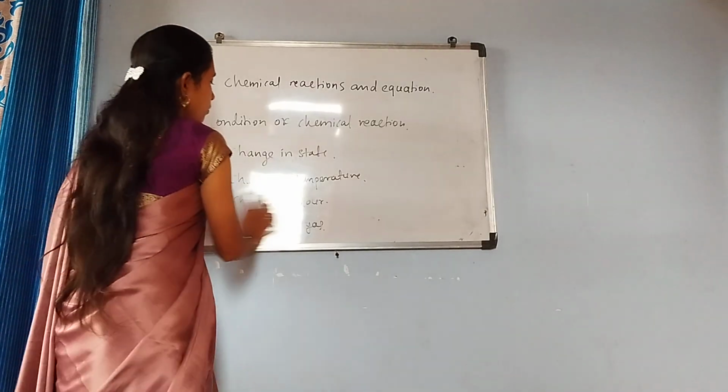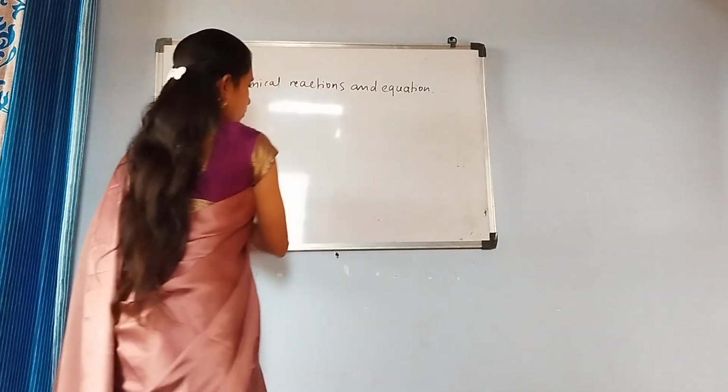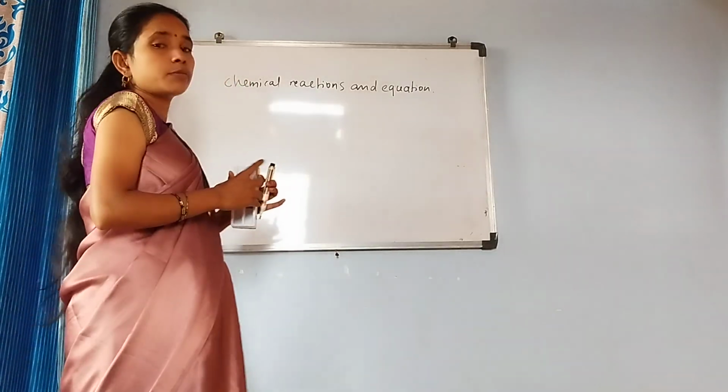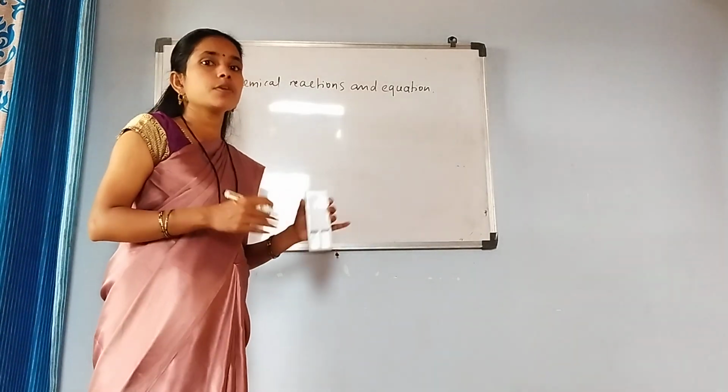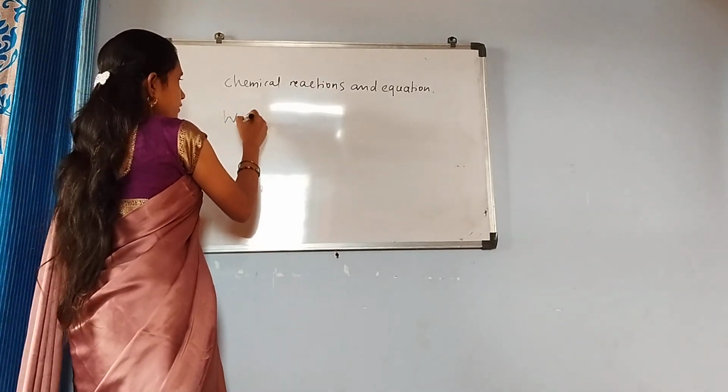Now I will discuss the equations. Why are we using chemical equations rather than word equations? Preferably we use chemical equations, and word equations we do not use. Why? Let me write the word equation.